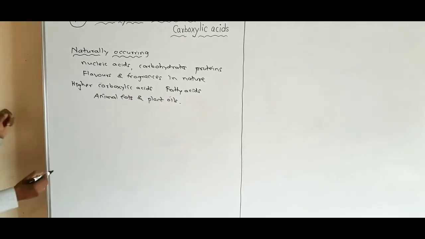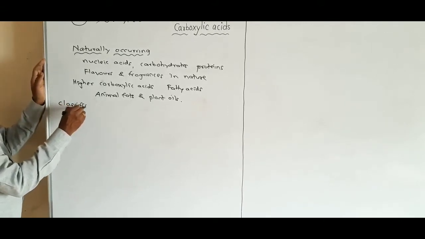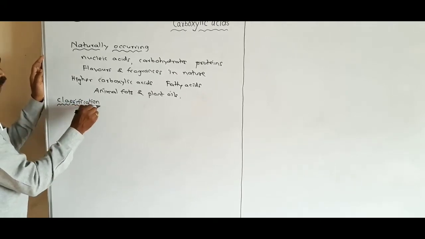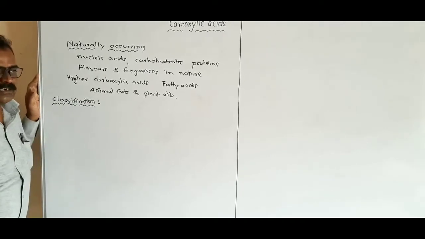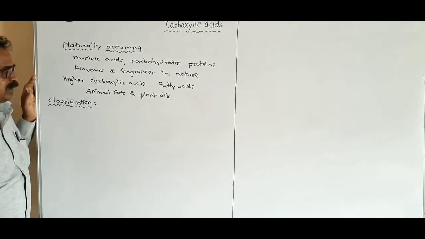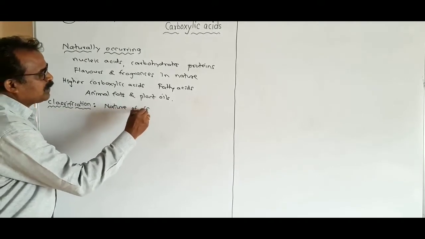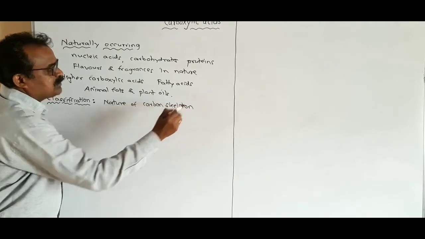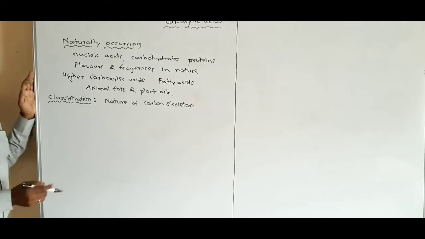Next, we want to consider the classification of aldehydes, ketones and carboxylic acids. These are further classified according to the nature of the carbon skeleton attached to the carbonyl group.